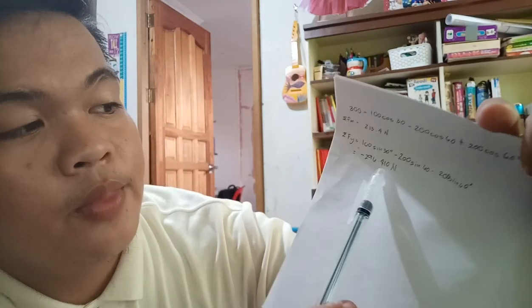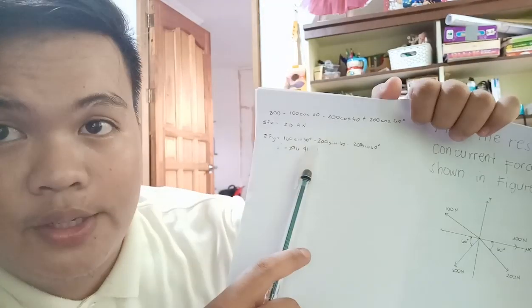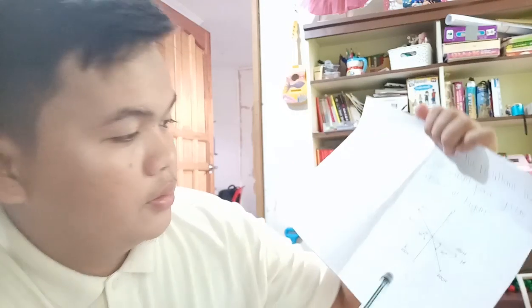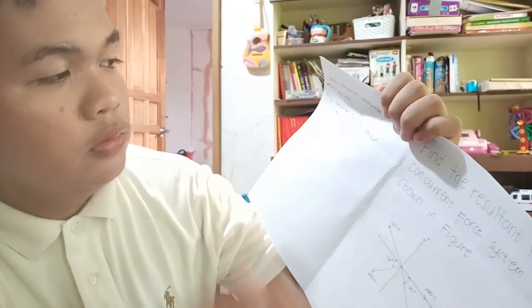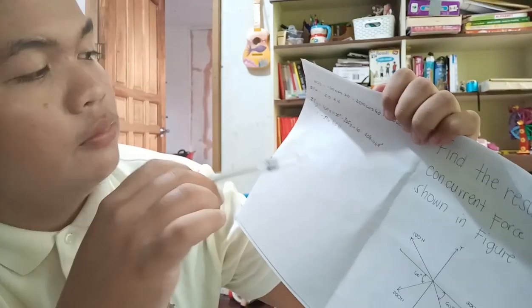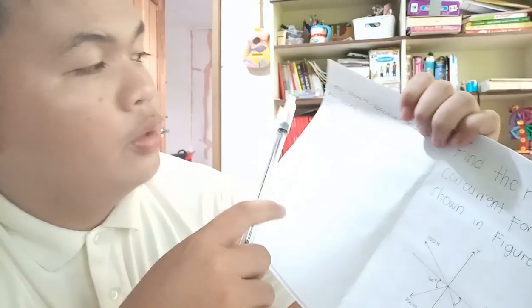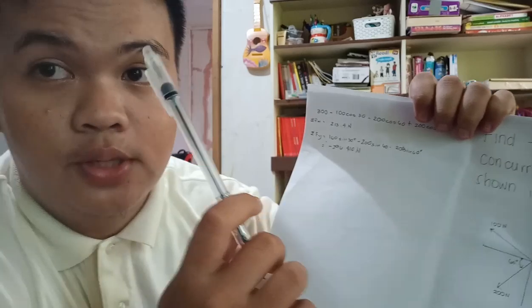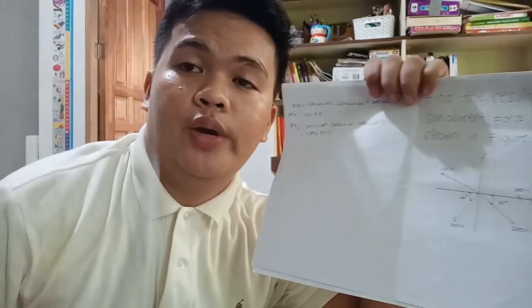By the way, why the negative sign here? Because, as we can see, we will now continue. We already have the summation of forces in the x-axis and the summation of forces in the y-axis.